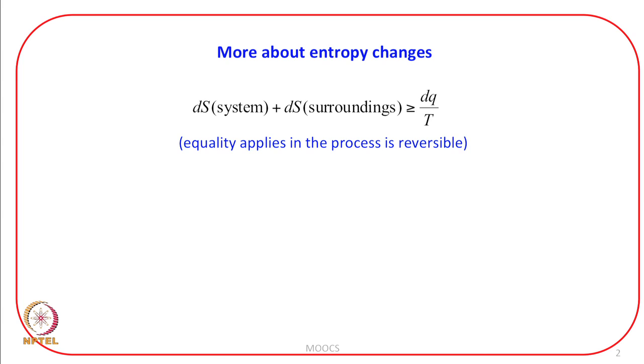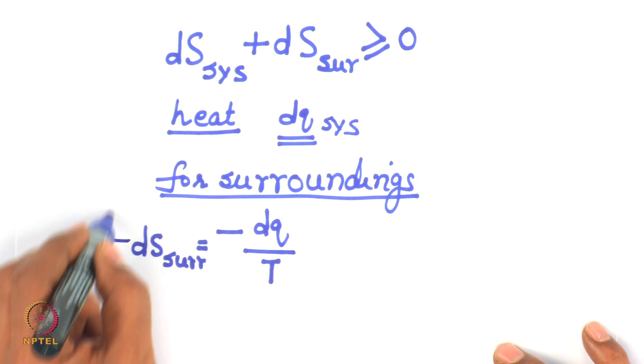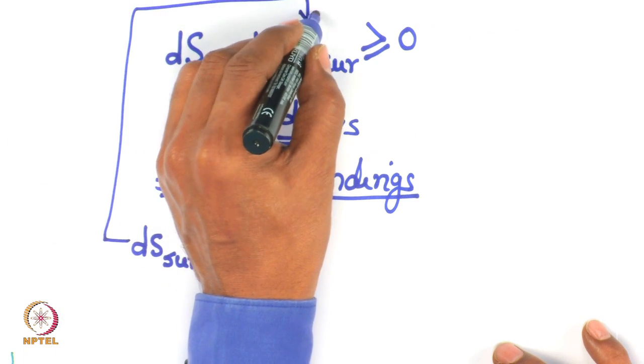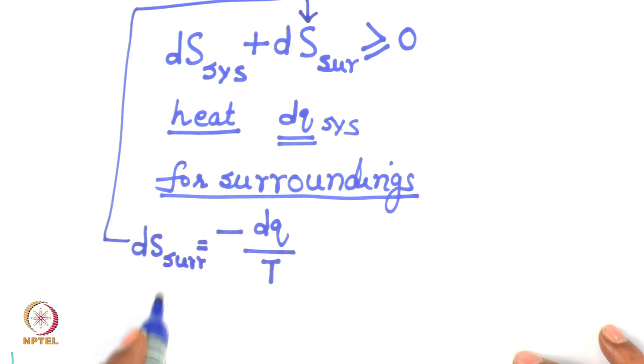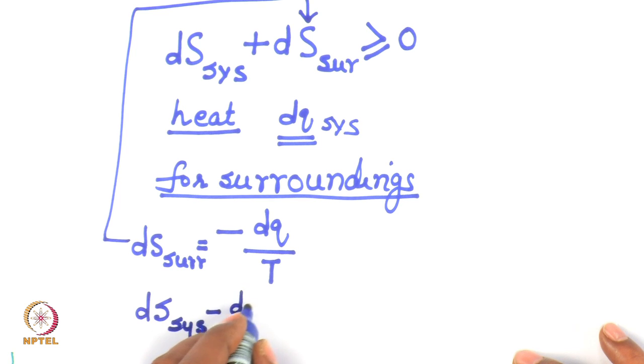As I mentioned, in general, we can write dS system plus dS surroundings is greater than or equal to 0, and substituting dS surroundings into this equation, we get dS system minus dq by T is greater than or equal to 0.